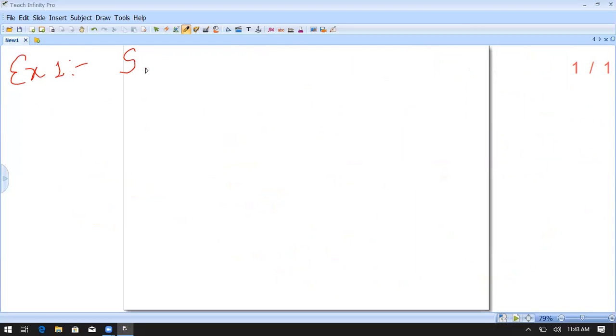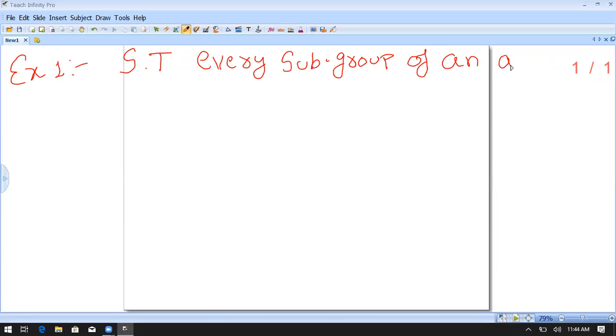Show that every subgroup of an abelian group is normal. Okay.